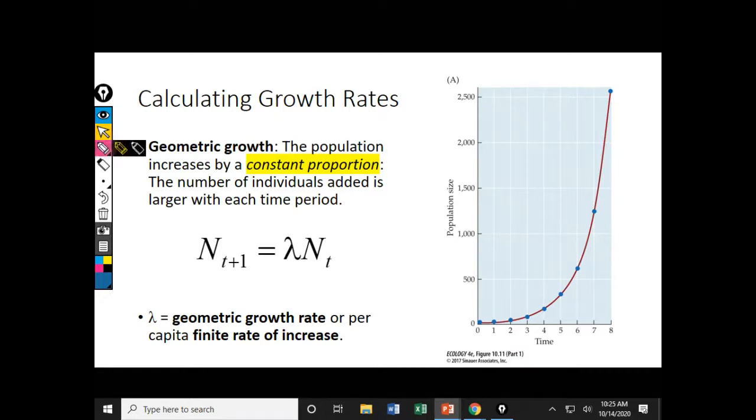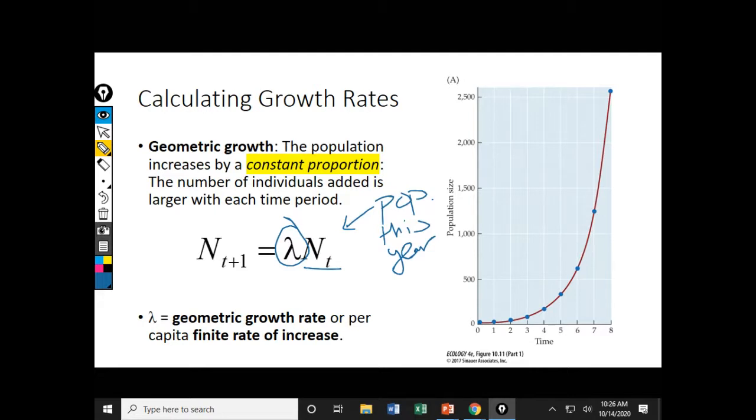So here's our lambda. Remember, we're not actually going to calculate these, so don't freak out that I'm showing you an equation, right? Here's our growth rate. This is where this is valuable. So this would be the population of this year, or whatever year that we know.